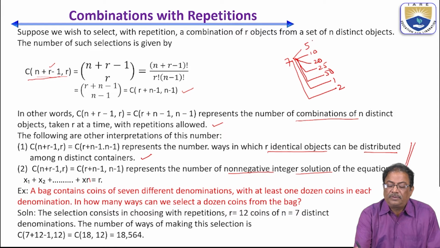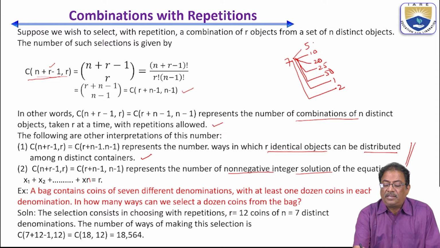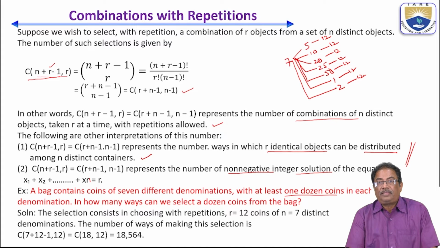These are the different denominations, and each denomination has 1 dozen coins, 12 coins. So a bag consists like this.